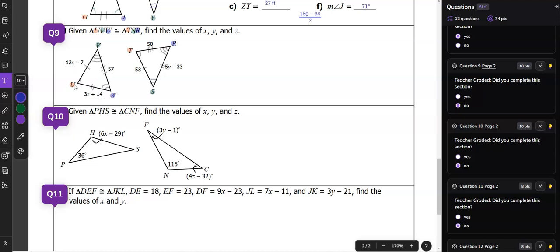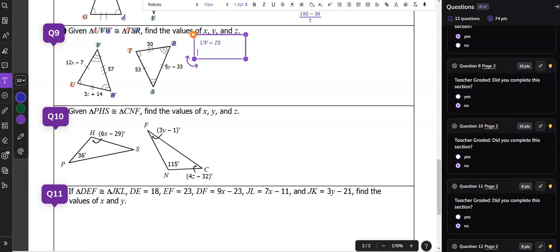So we're going to start with x. We have UV, and that is going to be congruent to TS. So we have that UV or VU is going to be equal to TS. They are congruent, so their lengths are the same. So we have 12x minus 7, and that is going to be equal to 53.